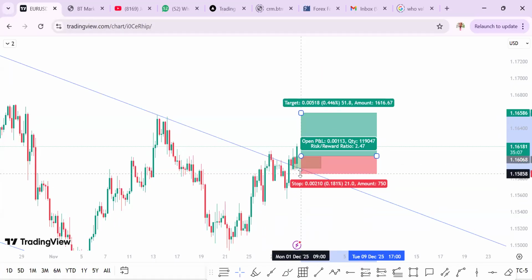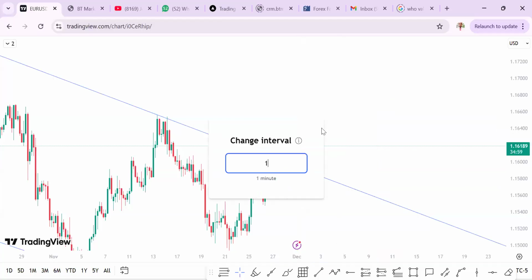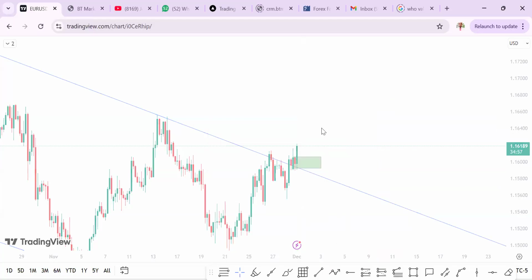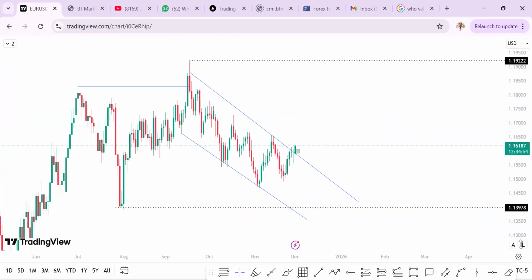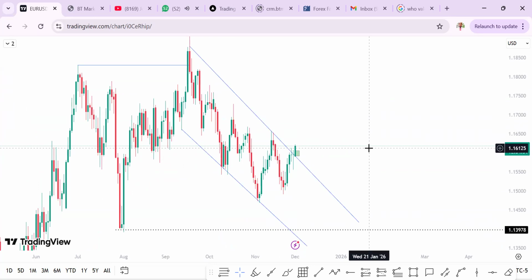The stop loss will come below here. But for now, we cannot really say this is it. For me, I prefer to see the daily profile of this Euro USD.